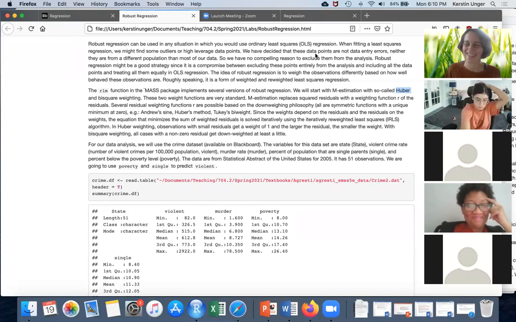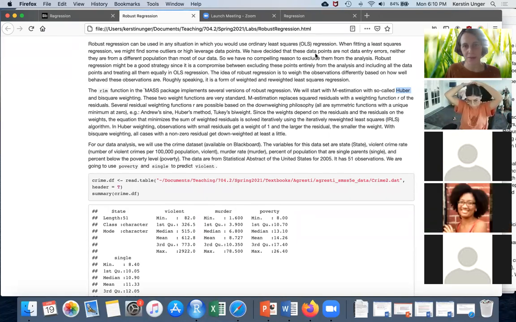So all these robust regression methods either completely ignore data points that are considered contaminated, so that have an undue influence on the regression model, that are for whatever reason inconsistent with the remainder of the data set in estimating the model. It either completely excludes these data points from the analysis, or it assigns them a smaller weight, so they have less influence in estimating the regression equation.